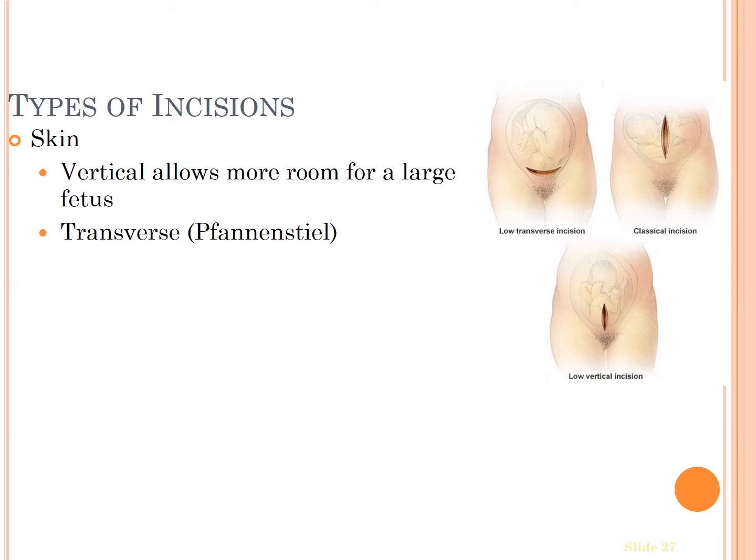And then you have your low vertical incision. I don't know if you can tell from these pictures, and I believe they're in your book as well, maybe a little more descriptive on page 182, but the lower vertical incision is just a little lower down on the abdomen, where the classic is up higher.